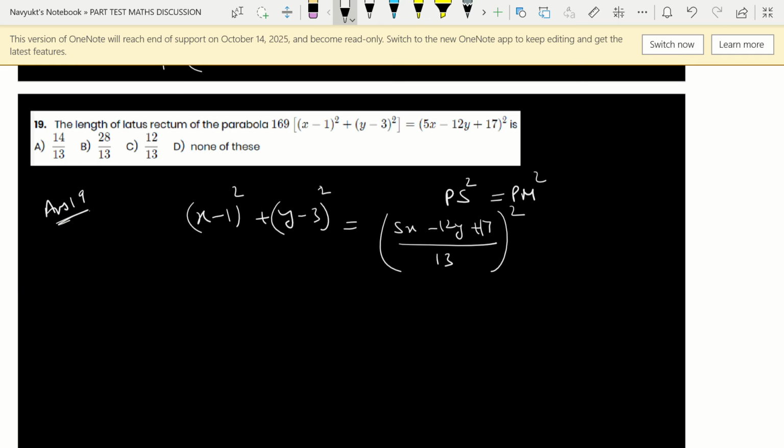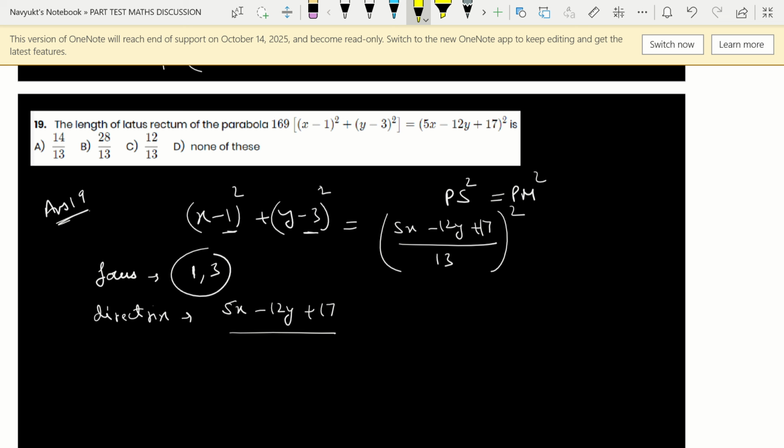That the focus of this parabola is 1 comma 3. Clear? This S is 1 comma 3 only, right here. And its directrix is how much? The equation of that line, 5x minus 12y plus 17.